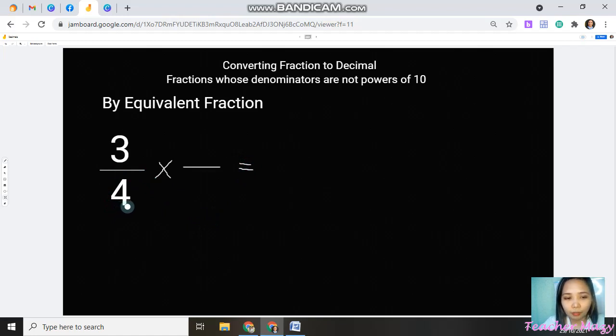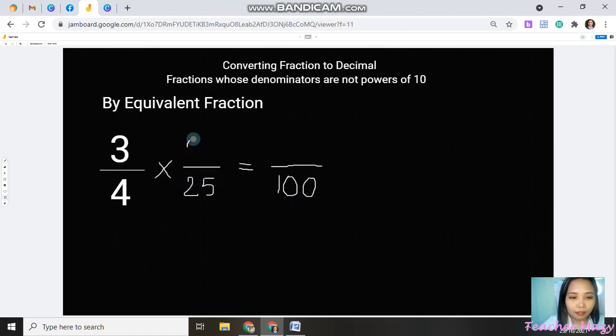May pwede ba tayong i-multiply para maging 10? No. So, ang nearest is 100. Okay, so we can multiply 4 by 25 so that we can get hundreds sa ating denominator, and hundreds is a power of 10.